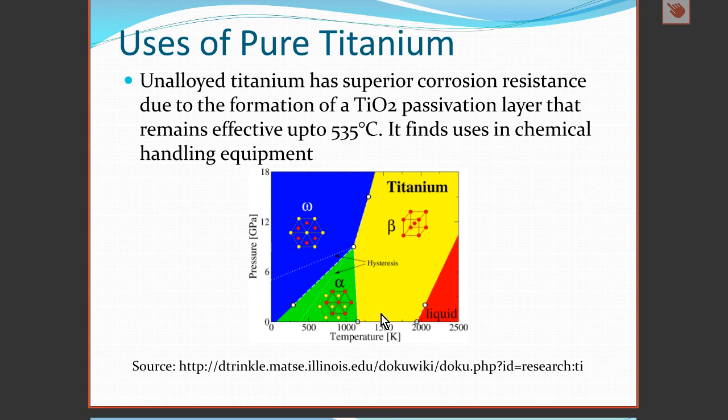And what we need to worry about here is that at high temperatures, the beta phase, the body-centered cubic phase of titanium, is stable, and at low temperatures, the alpha phase, the hexagonal close-packed phase, is stable.